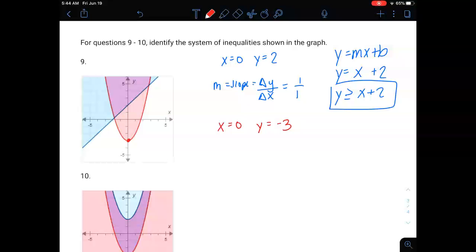So moving forward here, now that we know y equals -3, we know we have a coordinate at that location. And that is actually our vertex point.